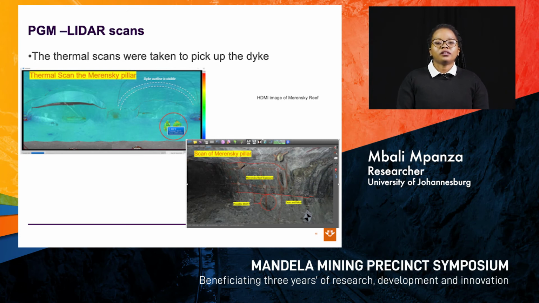We tried the thermal scan, but it didn't really show us much in terms of the reflectivity indexes between the different rock types that occur, your norites, your pyroxenites, as well as the Merensky Reef itself. Everything just appeared the same, and that is the top scanned image, which appears mostly blue or light green. The bottom image shows you the scan of the actual Merensky Reef.